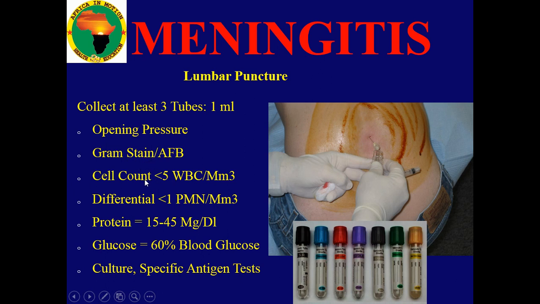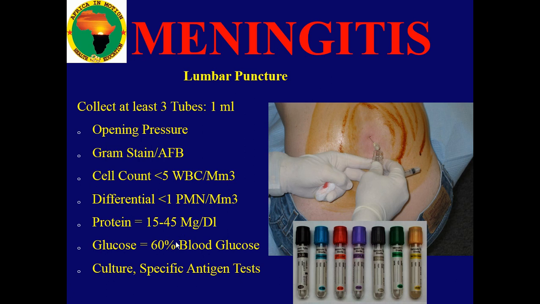Or you look at what type of cells are there. Are there cells which came to fight infection? If they are increased, it confirms there is an infection, the polymorphonuclear cells. Or you check if there are proteins. Elevated proteins in the cerebrospinal fluid are abnormal.